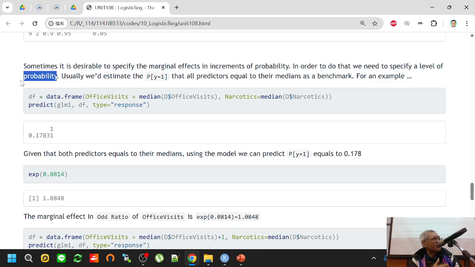That's usually what people expect to know. If you told them that a pack of cigarettes would increase your odds ratio by some amount, that's not what they want.